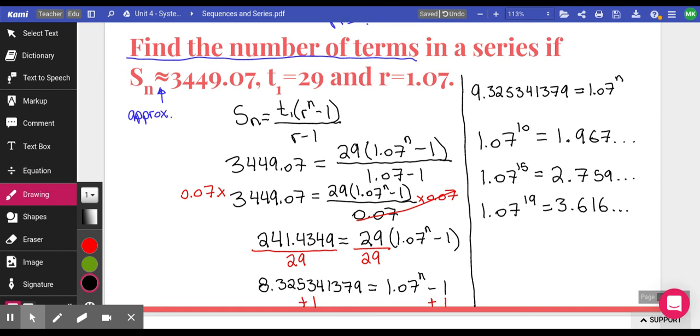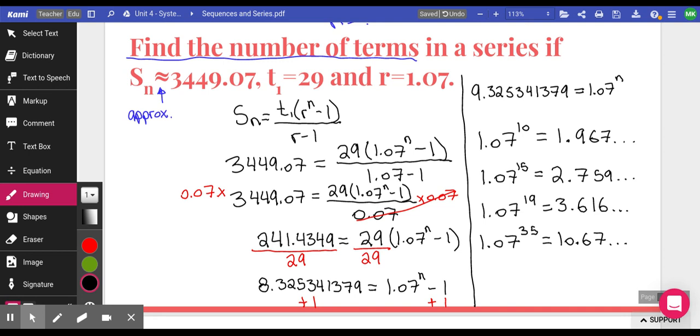So instead of going up just a little bit, I'm going to go up a lot more than that. Let's go up by, I don't know, like 30. Actually, let's try 35. When I do that, 1.07 to the power of 35, I get 10.67, and so on. Okay, I'm getting closer, but now I'm a little too big, so I'm going to have to do a smaller exponent.